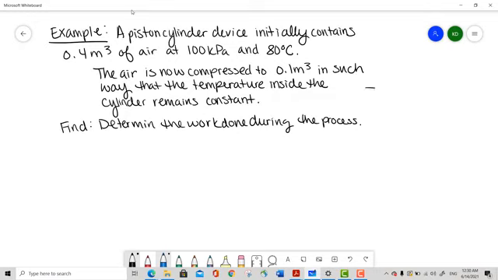So we know that T1 equals T2, and we know that all that equals 80 degrees Celsius because it says right here it initially contains air at 80 degrees Celsius and it's constant temperature. So we know this. So this is something that we've derived. And then right here is air. And what do we know about air? Air is an ideal gas.